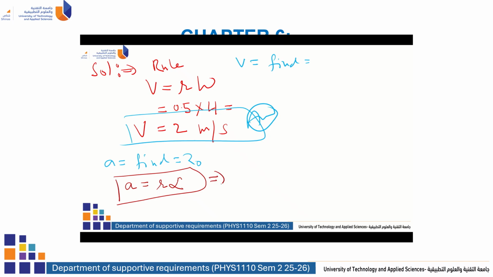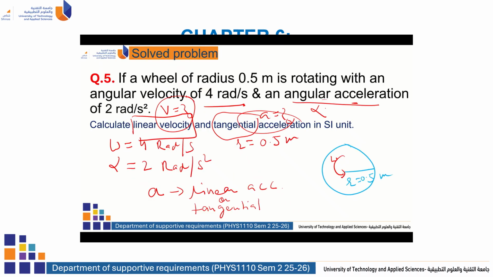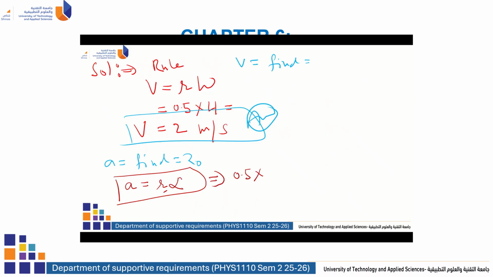If I put the value of r, this is 0.5, and the value of alpha is 2.